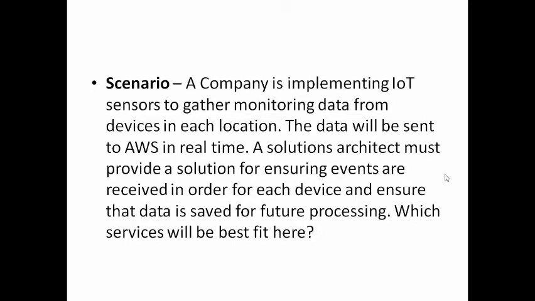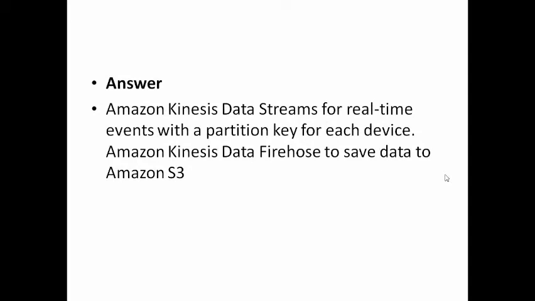So if we see, we are saying that we will be sending real-time data to AWS from the IoT sensors, and we want to ensure that we maintain the ordering of the events, okay, and we want to save the data for future processing. So these are the important points to consider while giving the solution. So let's see what would be the best fit solution here.